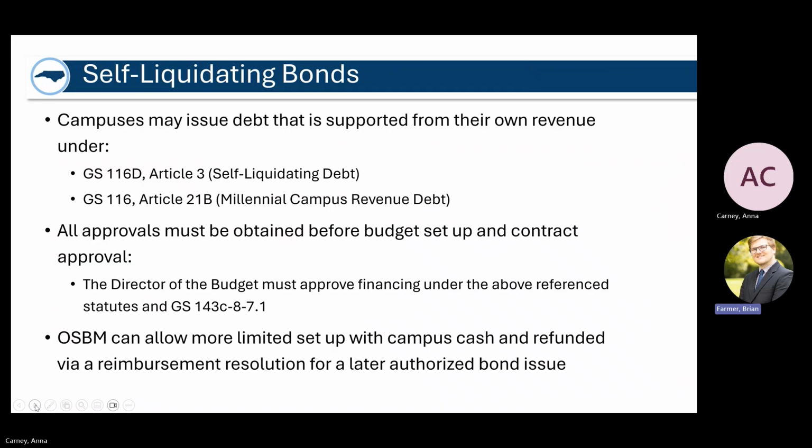Self-liquidating bonds are allowed in certain circumstances for universities. I think the main point of this slide is that you'll need to go through some extra steps, really checking with your analyst and with OSBM. OSBM has to approve that self-liquidating bond.